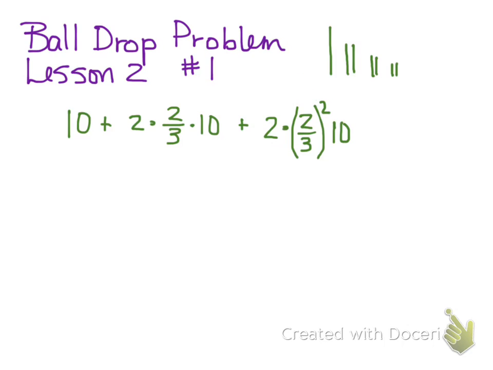So that gives us the 2/3 squared, and then we could even go one more. Yeah, so 2/3 of 2/3 of 2/3 of 10. So you get the 2/3 cubed. And so you can see these repeated factors in each of these terms. So what are those repeated factors?